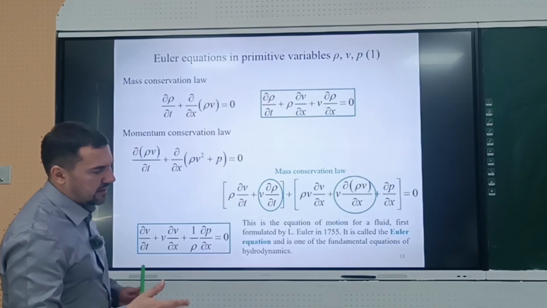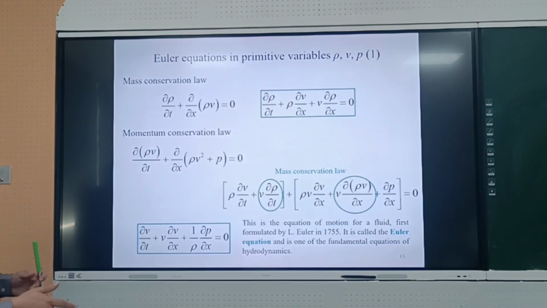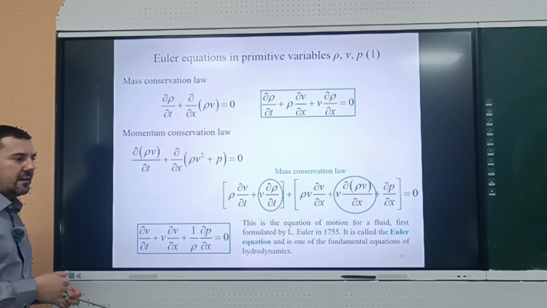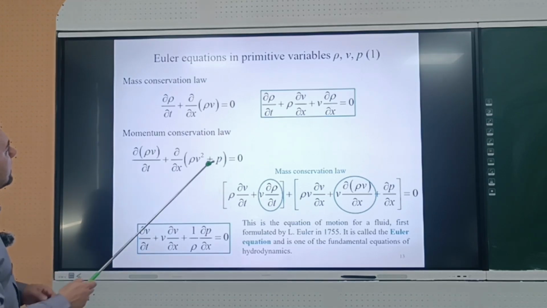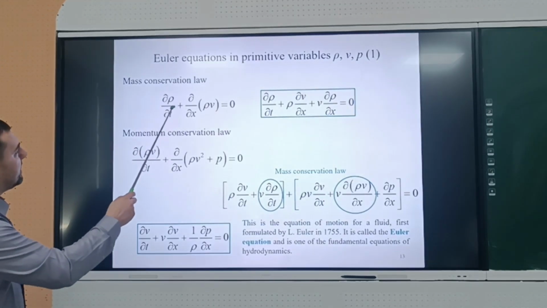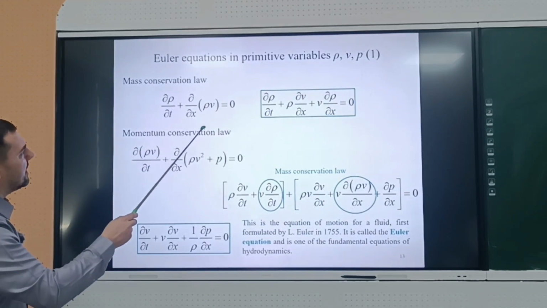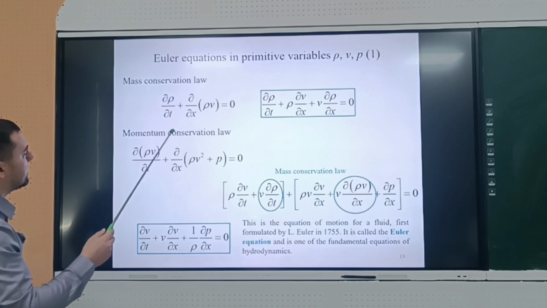That's also actually useful manipulations that can be used in different procedures. So consider a mass conservation law, d rho over dt plus d over dx of rho v. Here v is the velocity.